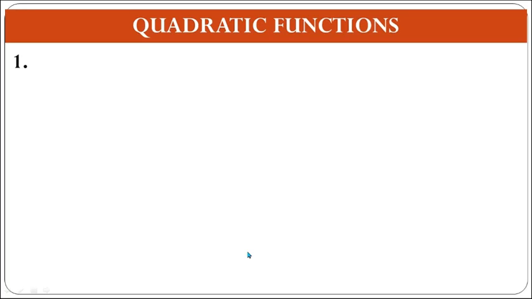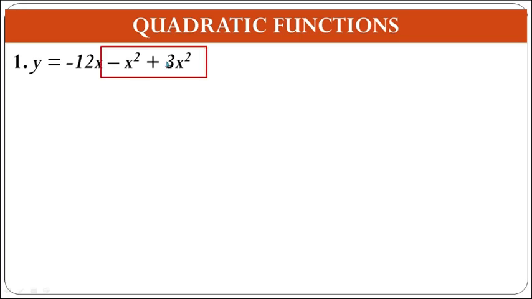So, itong ating given quadratic function, y is equal to negative 12x minus x squared plus 3x squared. As you can see, we have these two similar terms. So, we need to combine. Negative x squared plus 3x squared ay positive 2x squared. Then, copy negative 12x.